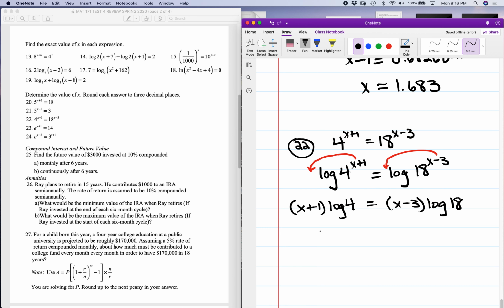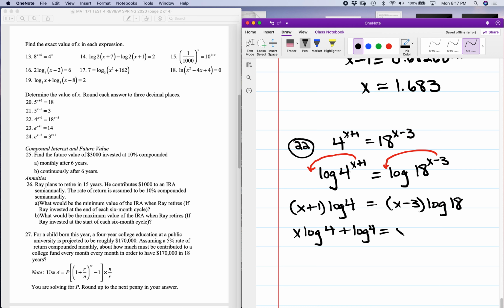Now, if I go ahead and distribute, we have x plus 1 multiplied by the base 10 logarithm of 4. We have x times the base 10 logarithm of 4 plus the base 10 logarithm of 4.